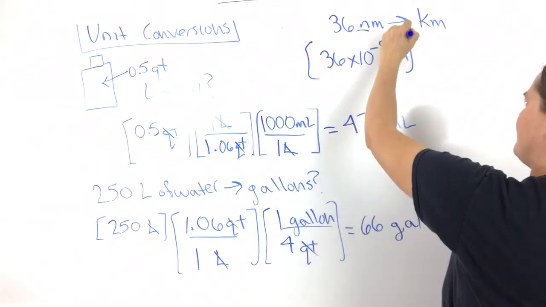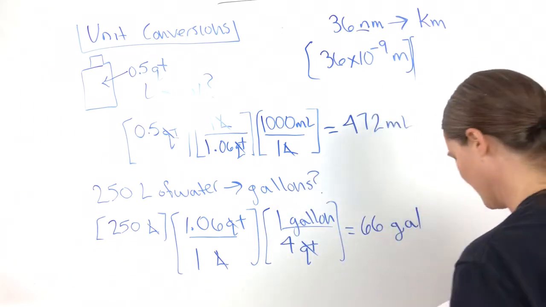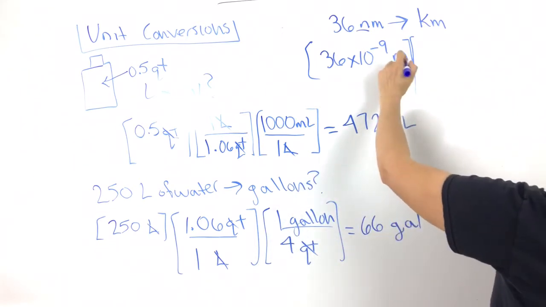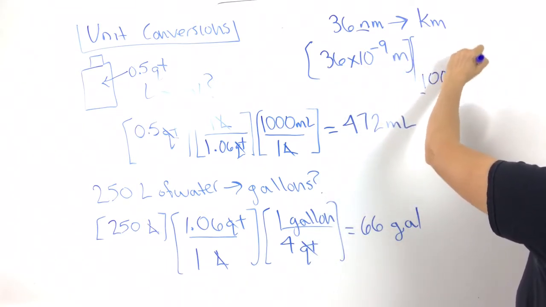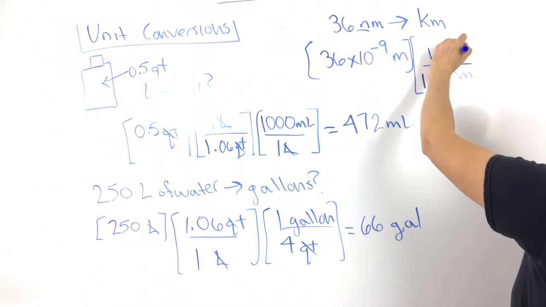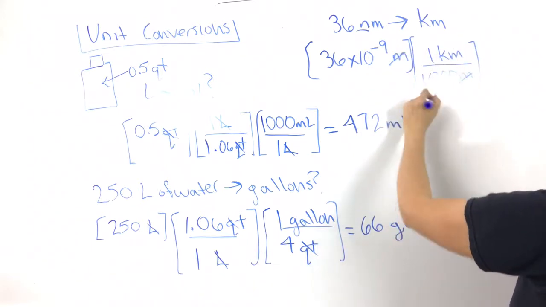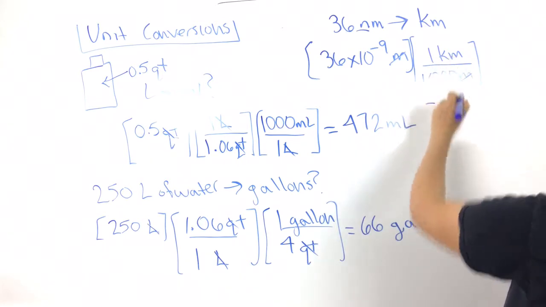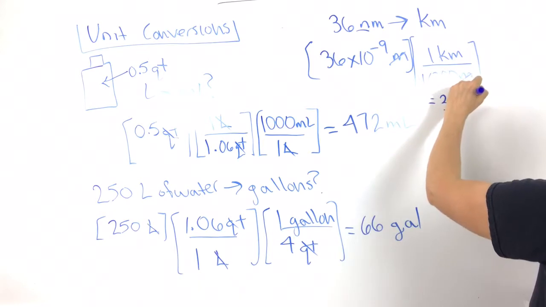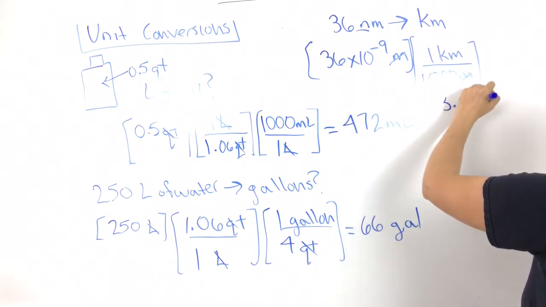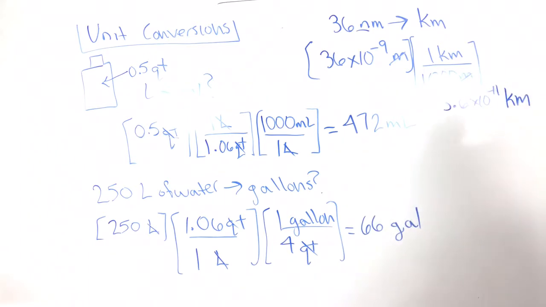So I have 1,000 meters in 1 kilometer. I want the meters to cancel, so the 1,000 meters goes on the bottom, and I have kilometer on the top. So the meters cancel, and I'm left with the units of kilometer, and this is equal to 3.6 times 10 to the negative 11 kilometers.